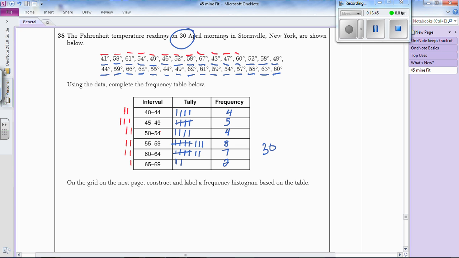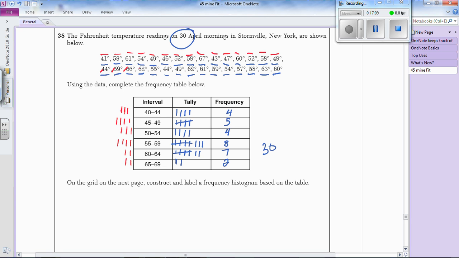60, 52, 58, 48. The key on this algebra read is make sure that you're not lazy. 44, 59, 66.